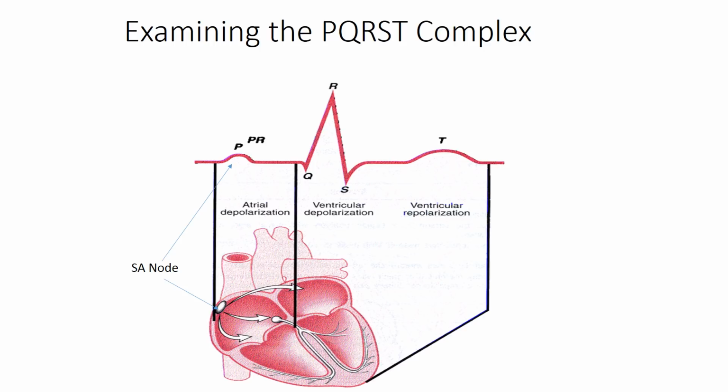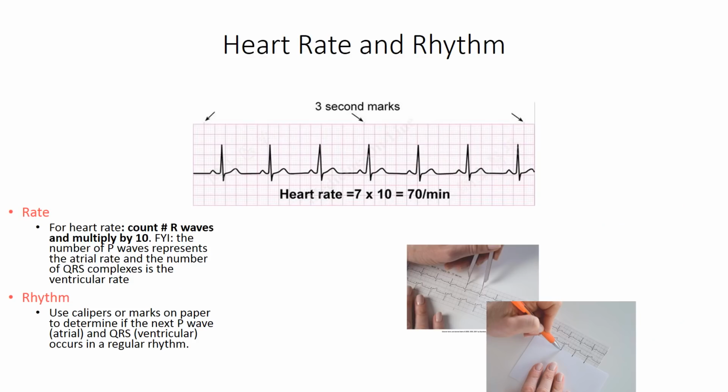And if my P wave looks okay, but there's a problem with that PR interval, the problem with that flat line area, now I've got an AV node problem. So remembering that P wave is atria, QRS is ventricle, and the PR interval is AV, that can really help you when you're looking at an EKG strip and trying to identify, okay, where should my focus be, the atria, ventricles, or AV node?